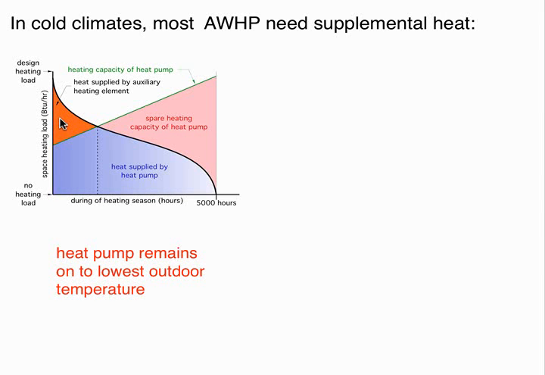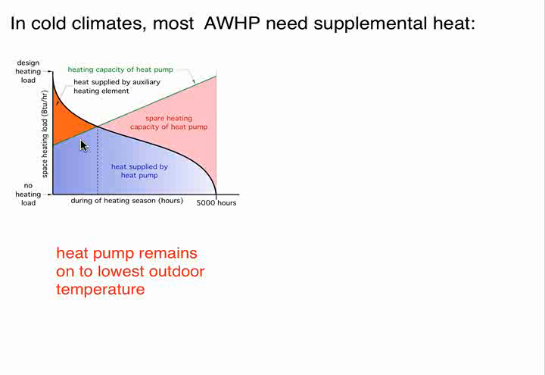It could be an electric boiler, it could be some other type of a boiler. And then this pink shaded area over here represents the spare capacity of the heat pump. And this just shows that at some point we're going to bring some supplemental heat in, and we're going to boost the total heat output going to the load based on that combined output of the heat pump and that boiler.